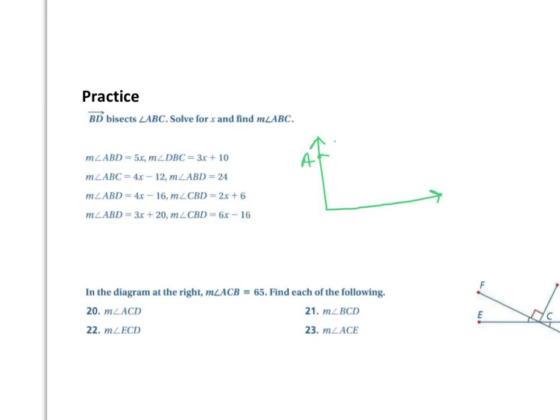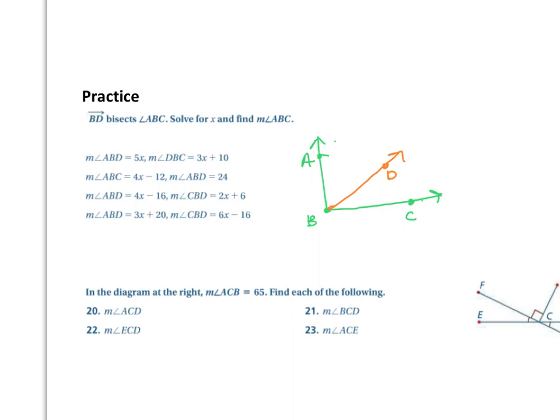Okay, A, B, C. All right, and then let's see, BD bisects that. So BD is our line in the middle there. So to get that point there, we'll just draw our ray bisecting here. So there is our D.